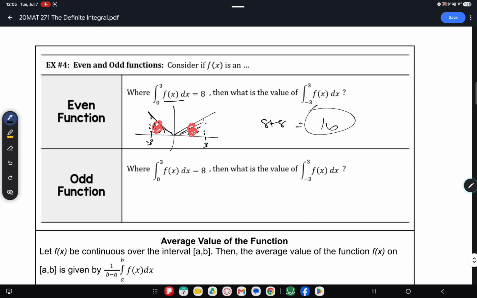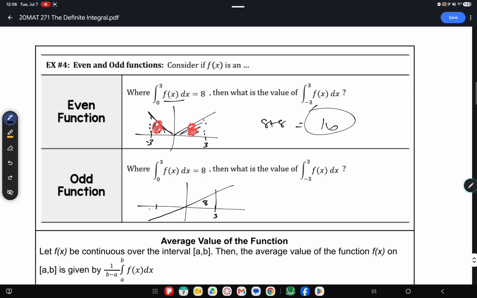All right, odd functions are different. They still have symmetry, but a different kind of symmetry. Same idea, but I'm going to use an odd function. An odd function could be like y equals x. So if I go from 0 to 3, I still have that area of 8.